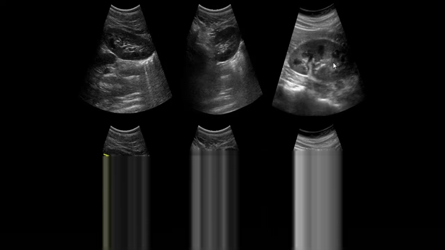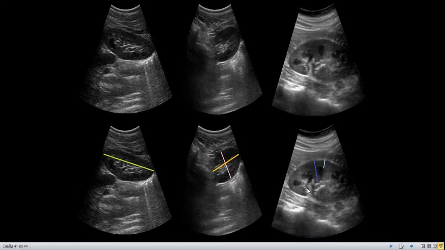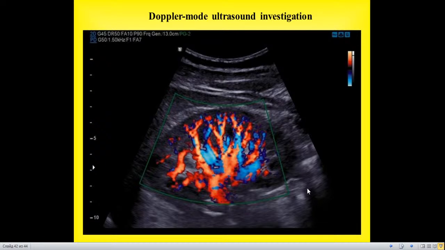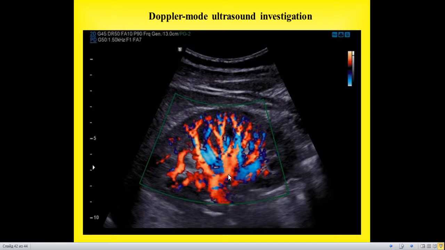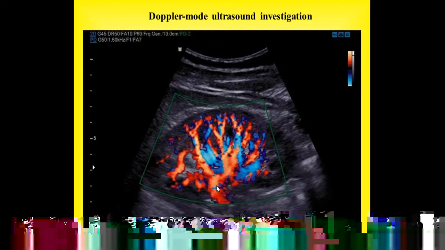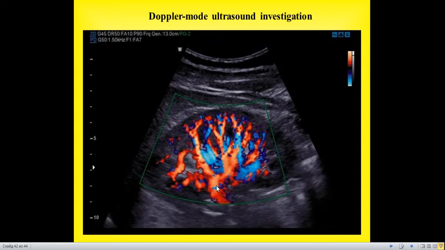You look at the renal pelvis, calyces minor and calyces major, and also you can use a specific mode of ultrasound investigation. This is Doppler mode ultrasound, to look at the passage of urine and the blood supply of the kidney. Doppler mode ultrasound is used to look at the function of the kidney.